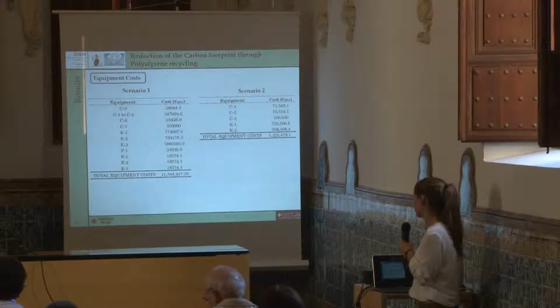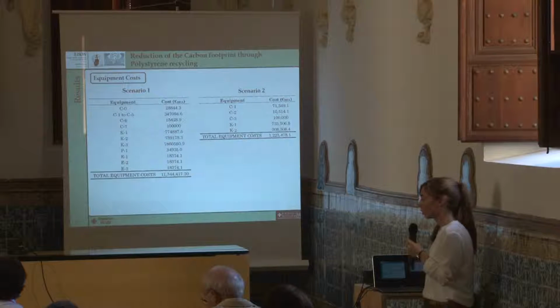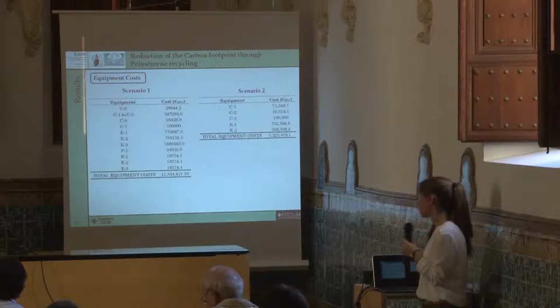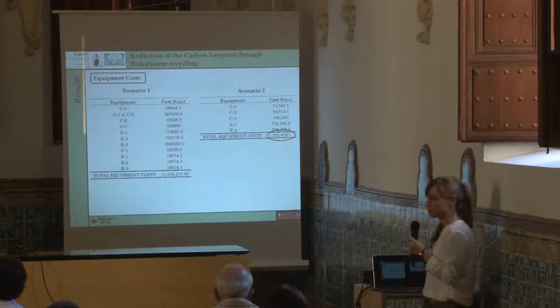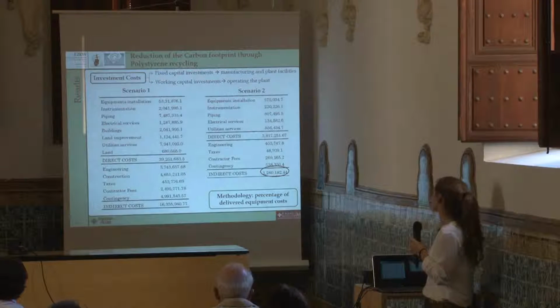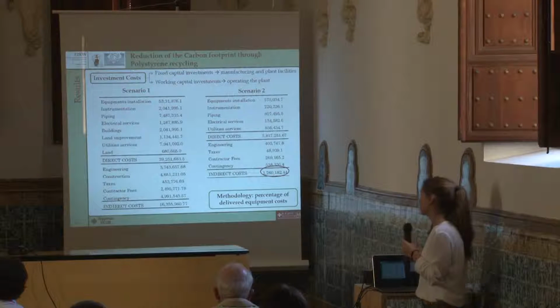And as we can observe in scenario number 2, where the amount of waste to treat was only 100 kilos per day, there is around 10 times lower total equipment cost than in the case of scenario 1. Consequently, this effect will also be observed in the investment cost.